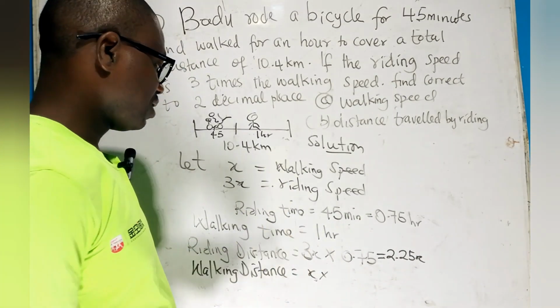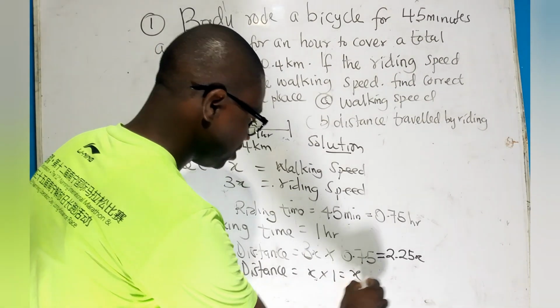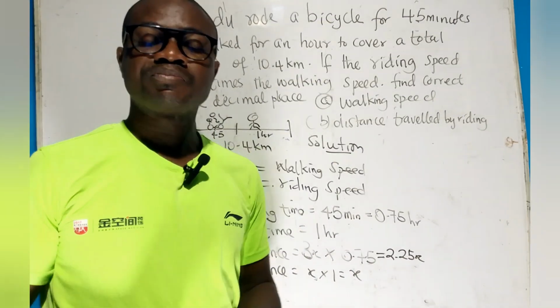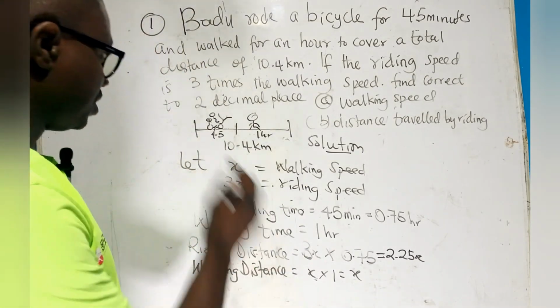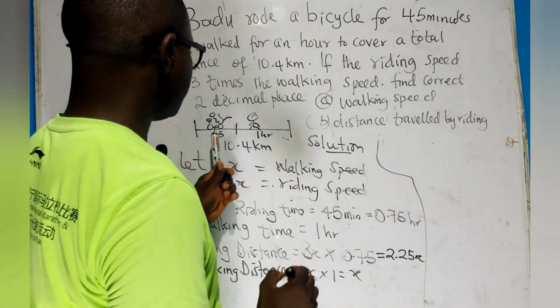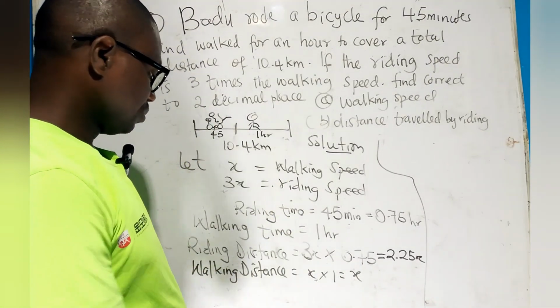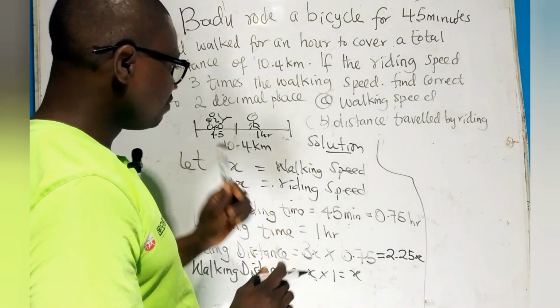Now we want to know the total distance. So it means the walking distance plus the riding distance will give you the total distance.